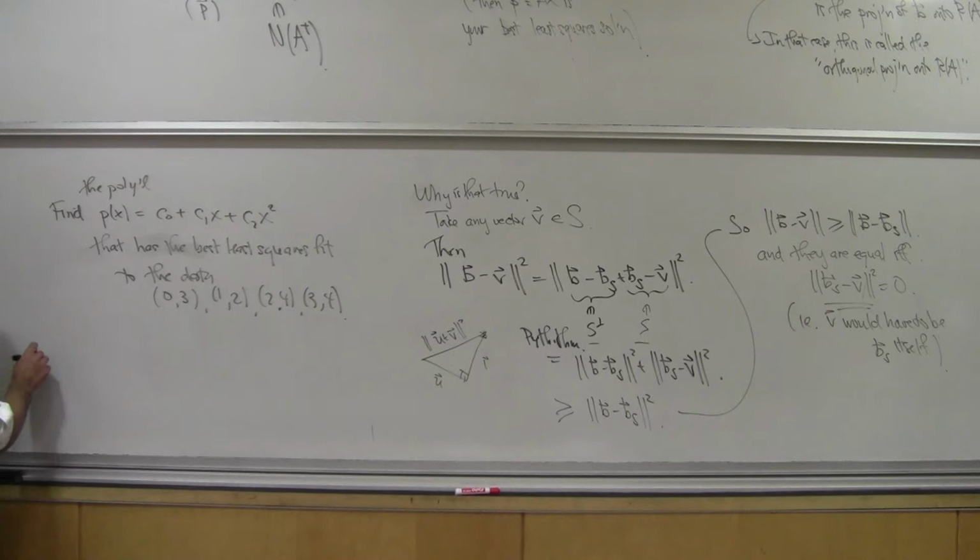So the picture is this. You have these four points: (0, 3), (1, 2), (2, 4), and (3, 4).